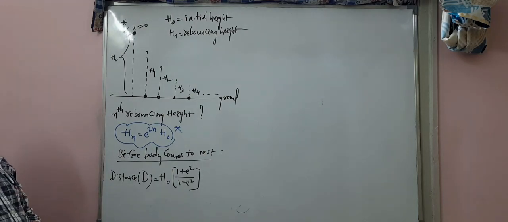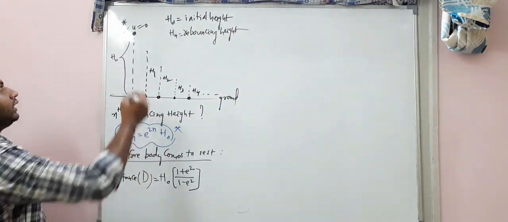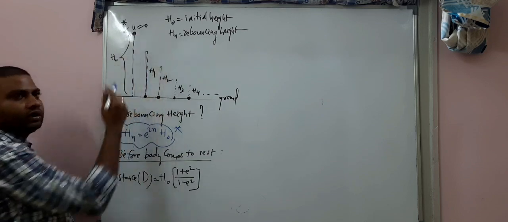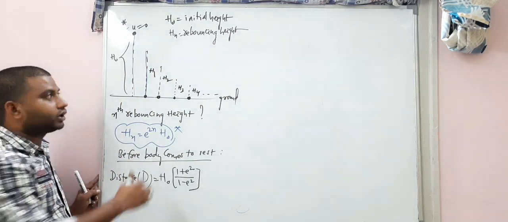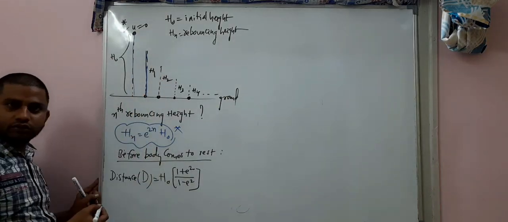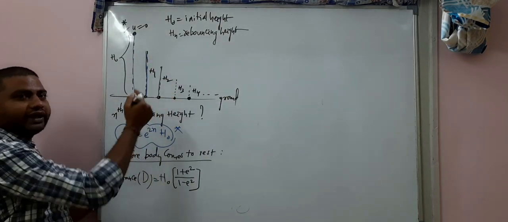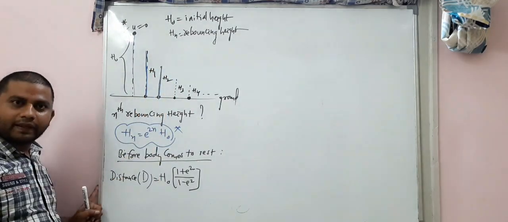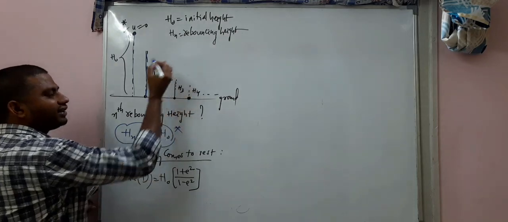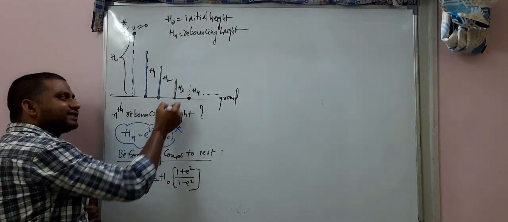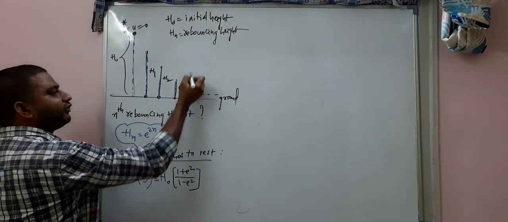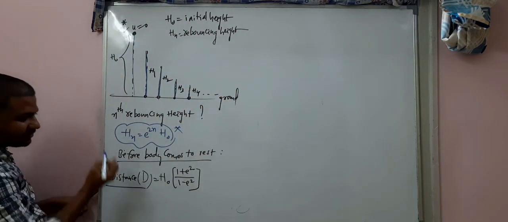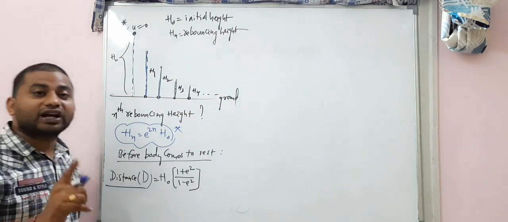Note, here comes the point. What is the total distance traveled? It is h naught plus h1, and it comes back once again in the same path, plus h1, h2, it comes back the same path, plus h2, again h3 plus h3 plus h4 plus h4, it goes on like that. That's called the total distance traveled by the body before it comes to rest.